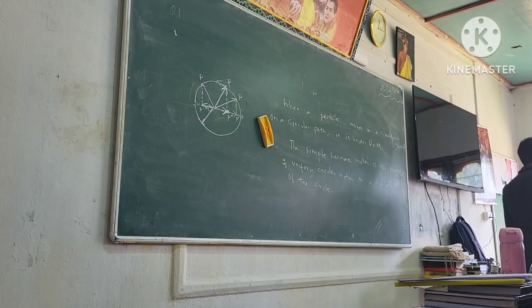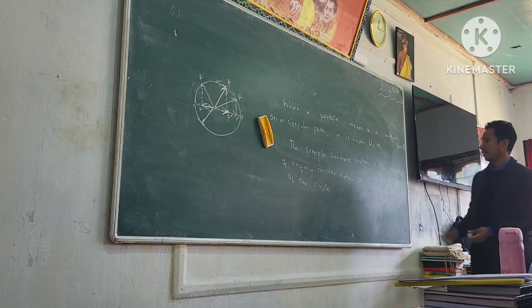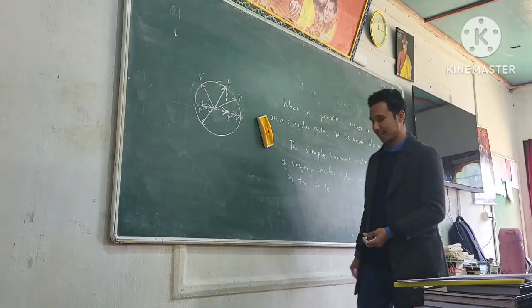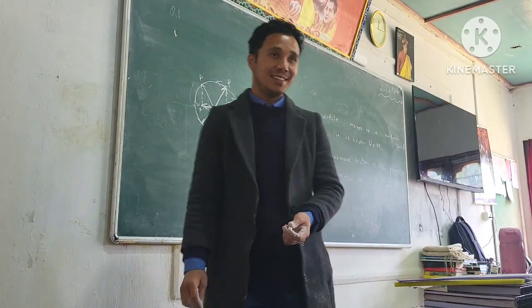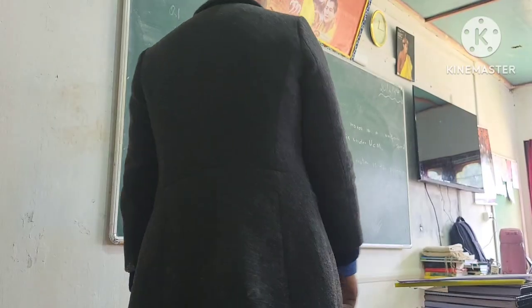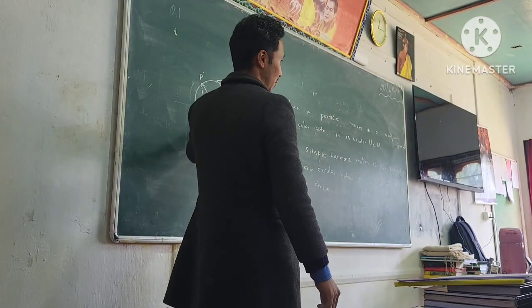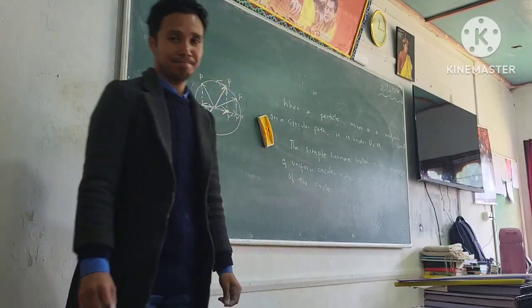They will give you this question immediately as a fill in the blank, where most probably this one, diameter, or any one would be the blank. Is this understood? Very simple. Whenever the particle moves in the circular path, its projection will undergo simple harmonic motion.